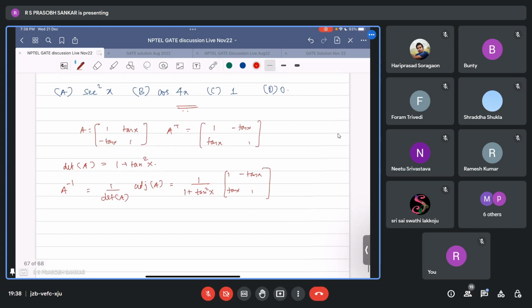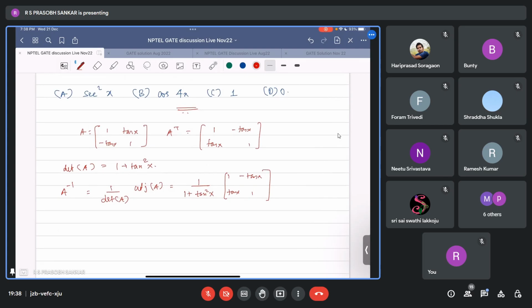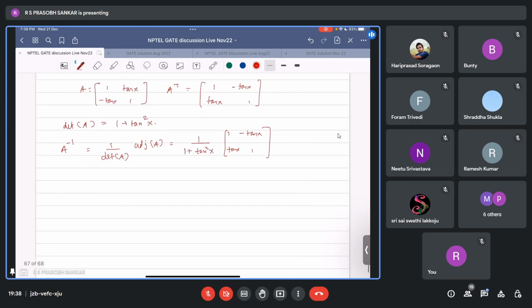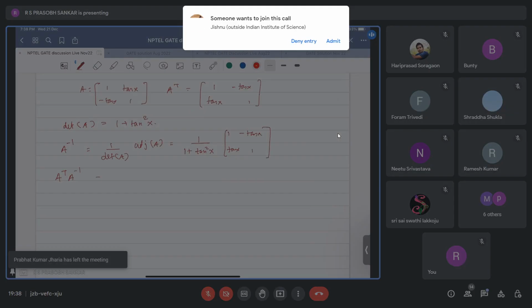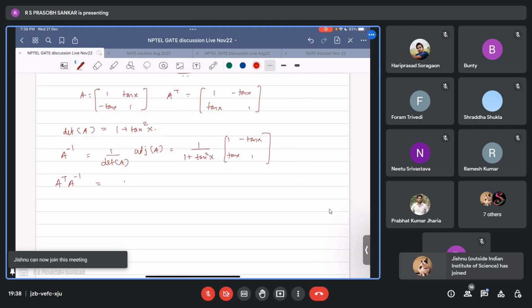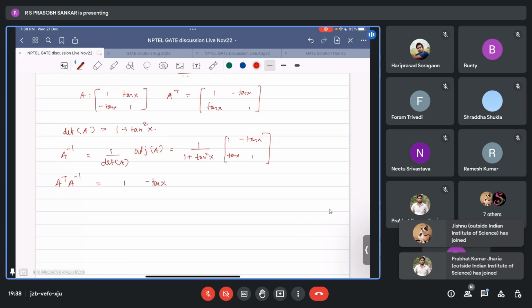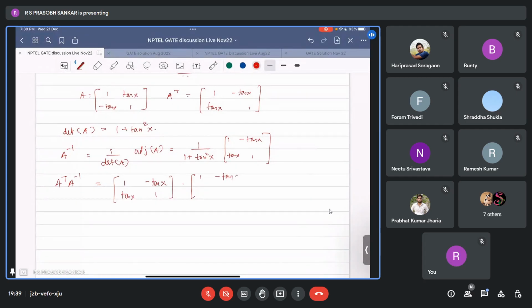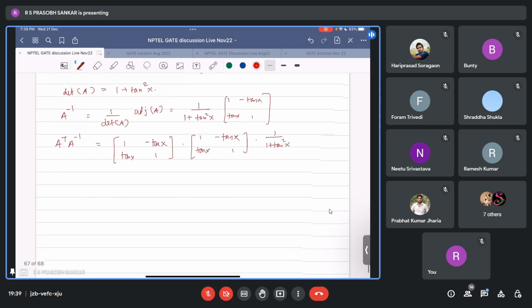Please let me know if I make any calculation mistake. So this is the adjoint of A. Now what do we want to find? We want to find A transpose A inverse. A transpose is [1, minus tan x; tan x, 1] and A inverse is [1, minus tan x; tan x, 1] times 1 by 1 plus tan square x.